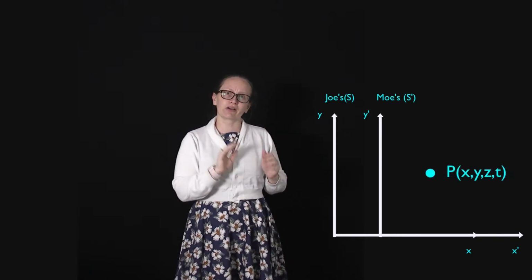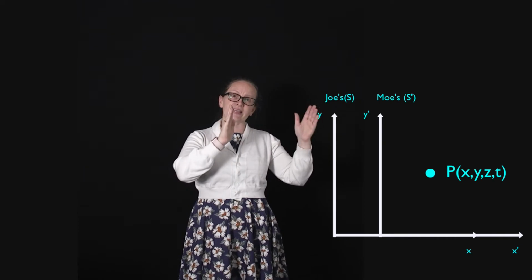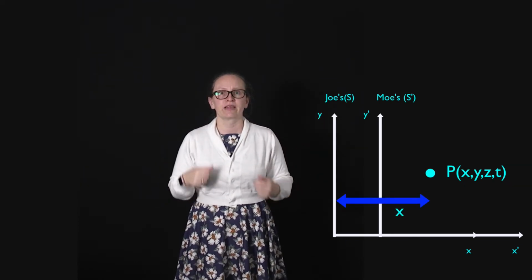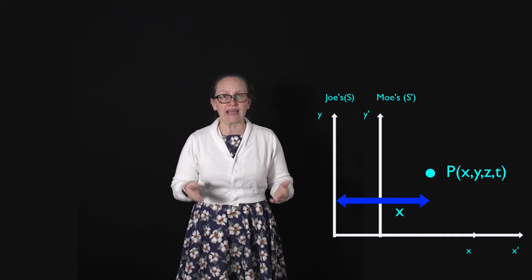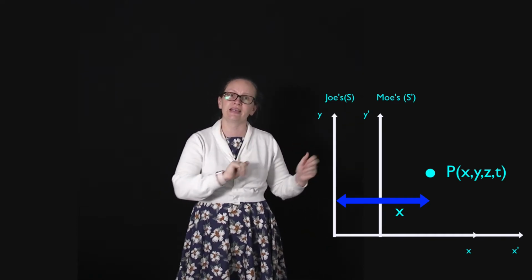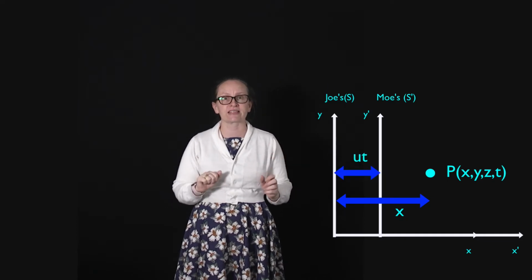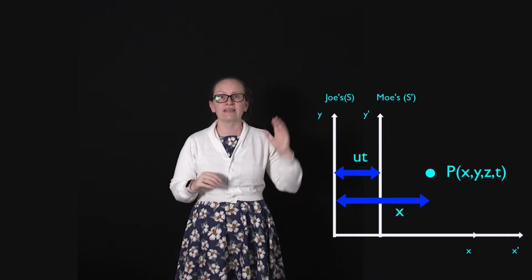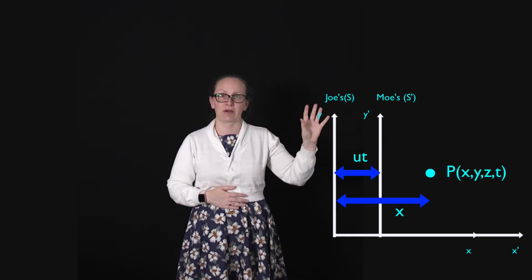So looking at this figure, we can mark on the distance x as measured in Joe's reference frame. Now, in a time t, Mo's frame has moved a distance ut along Joe's axis. So we can mark that on our figure as well. And here is the length x prime.